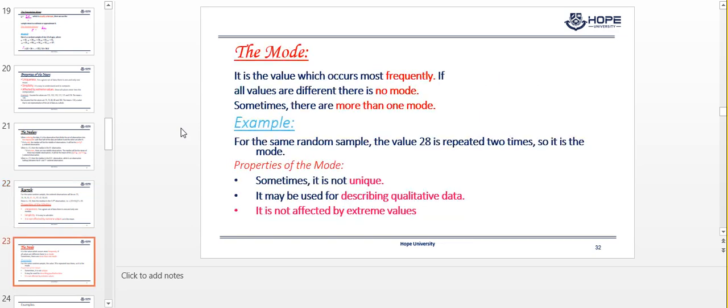The mode is sometimes not unique. It may be used for describing qualitative data. It is not affected by extreme values, like the median.